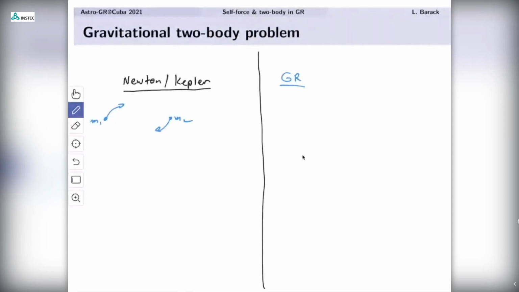So you can think that you have two delta functions, and you can solve the relevant equation exactly with delta function masses, masses that are concentrated on a delta function. And when you do that, the problem is really very simple. So let me just write that we are doing a point particle reduction.